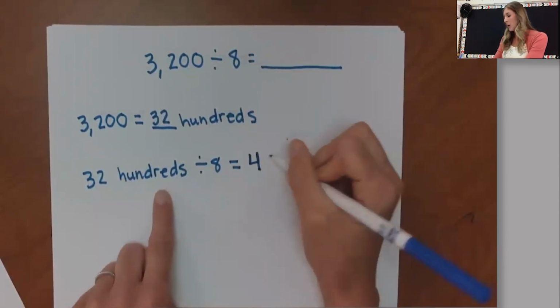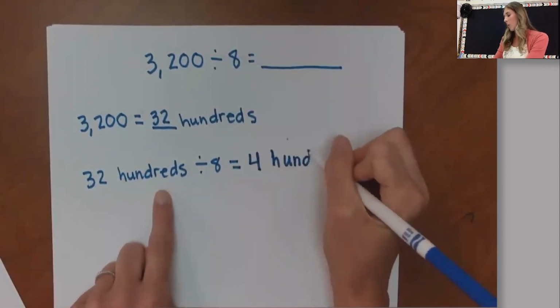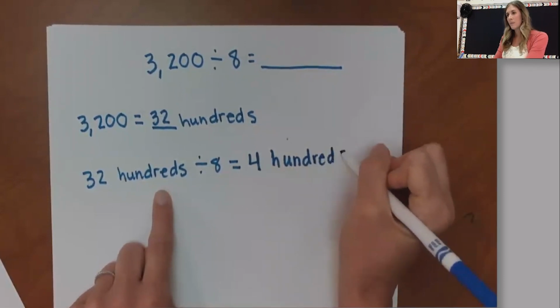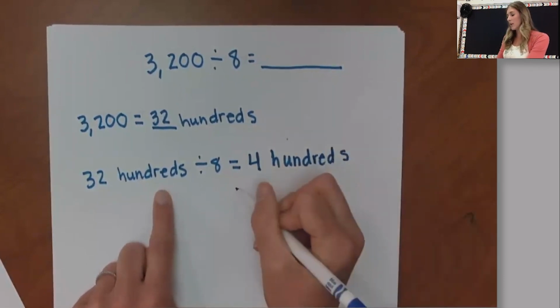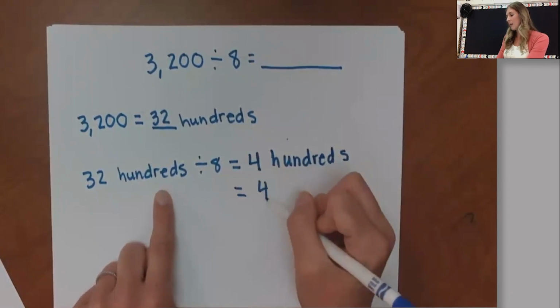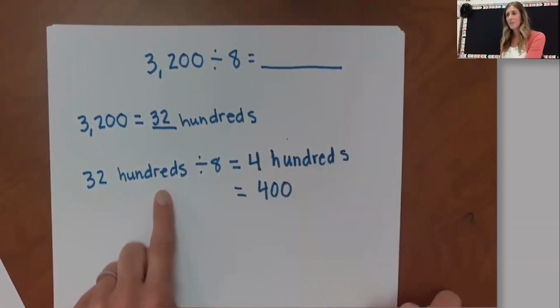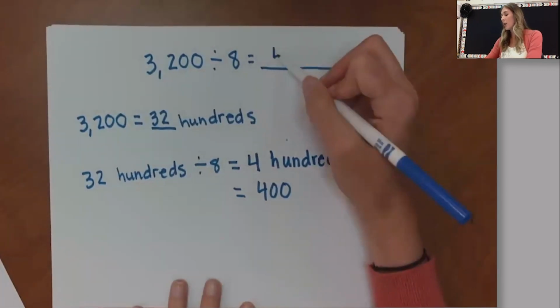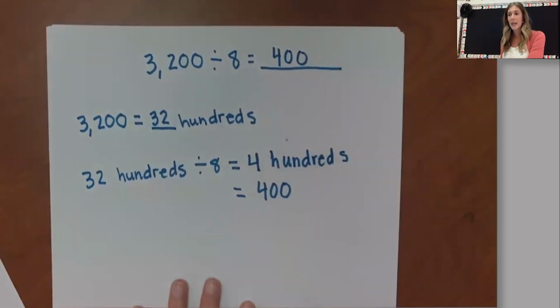And we can't forget about our unit. It's 4 hundreds, not just 4. And 4 hundreds is the same thing as 400. So what does 400 mean in this problem? Right, it means the company needs 400 boxes to package all the water that they produced in one day.